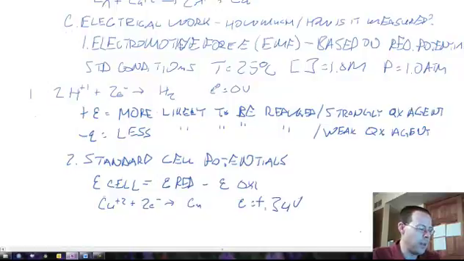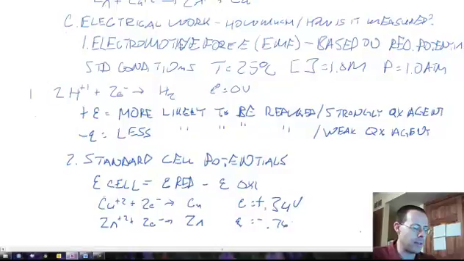This is positive. Conversely, if we look at zinc, Zn2+ plus 2 electrons going to Zn, notice it's always written as a reduction. It has an E value of negative 0.76 volts.